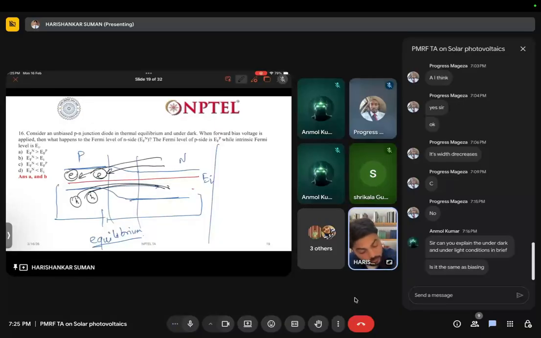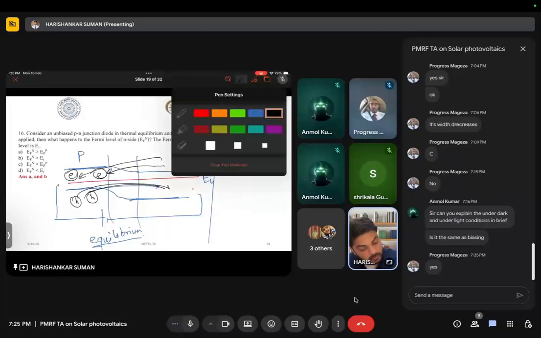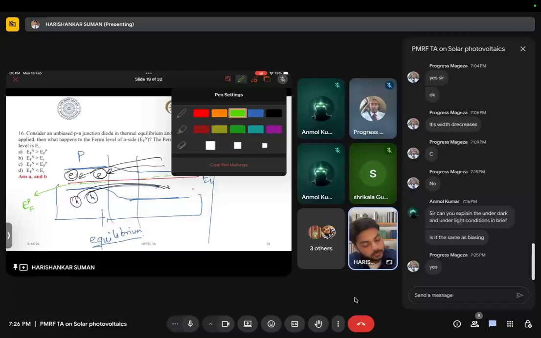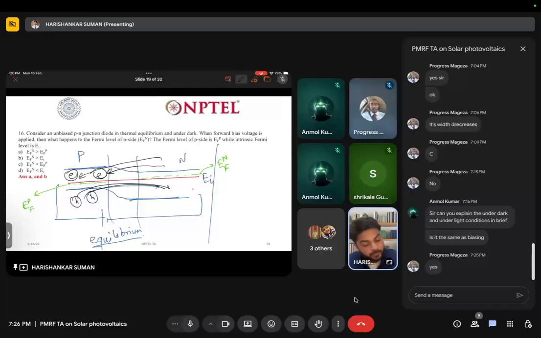Now initially, let's say this is intrinsic, this is the Fermi level for p type, and, initially I'm talking about the initial point, the Fermi level for n type. Okay, what will happen now?